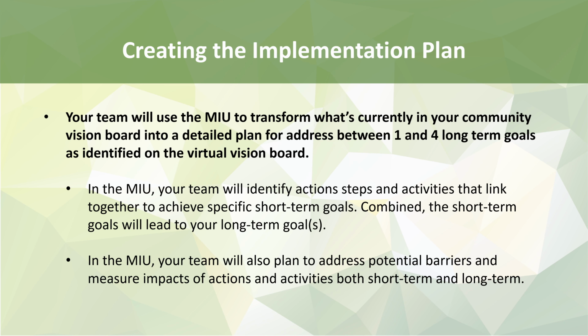And in the MIU, your team will also plan to address any potential barriers and in particular use those identified strengths from the discovering phase of your community action planning event to address those barriers, as well as measuring impacts of actions and activities both now and then down the road as you get really deep into collaborating on your implementation plan during stage 4.